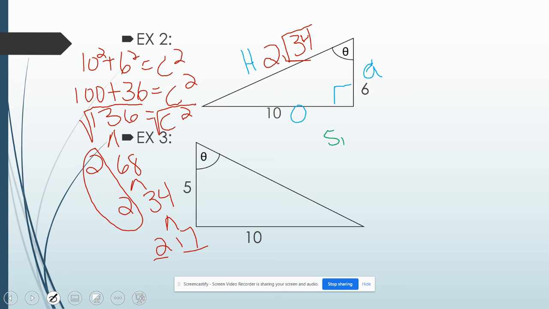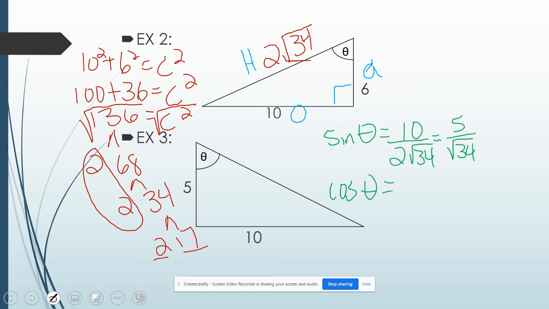So I'm going to start with sine, SOH. That's 10 over 2 square root of 34. Now I do want to reduce that 10 and 2 and call it good there. Cosine of theta, adjacent over hypotenuse.